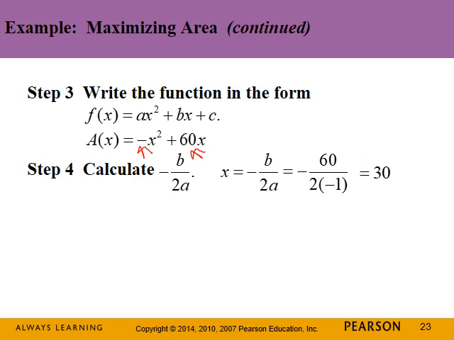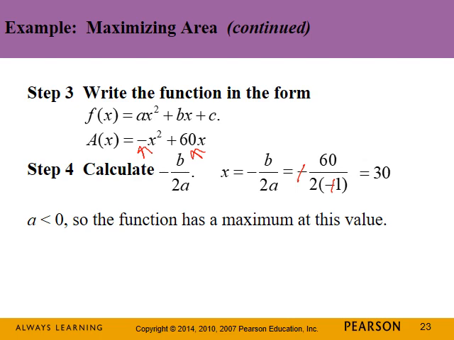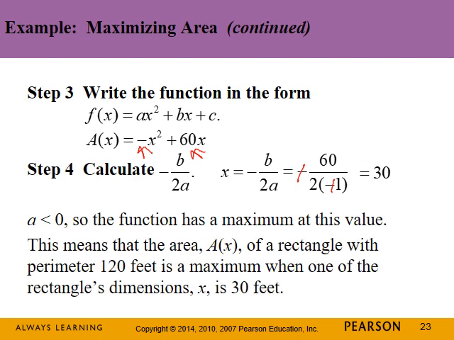Remember that these negative signs, this negative right here and this negative right here, cancel out, and you end up with a positive 30. So the positive 30 is your x value, and it says a is less than 0, so the function has a maximum.